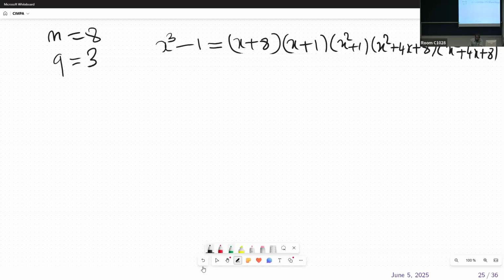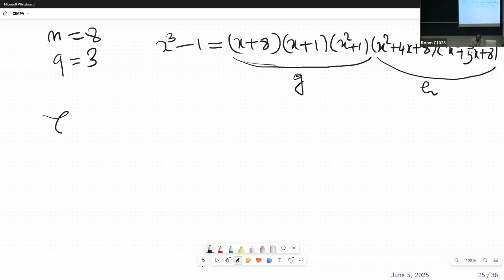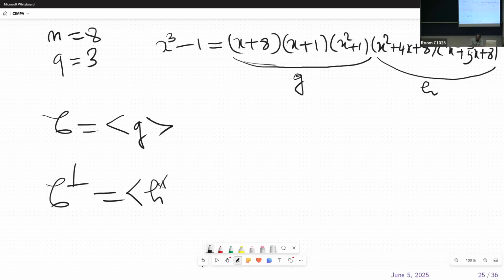I think that is 5 here. You take this, this is 8. C is generated by d, and the dual of C is generated by the reciprocal polynomial.